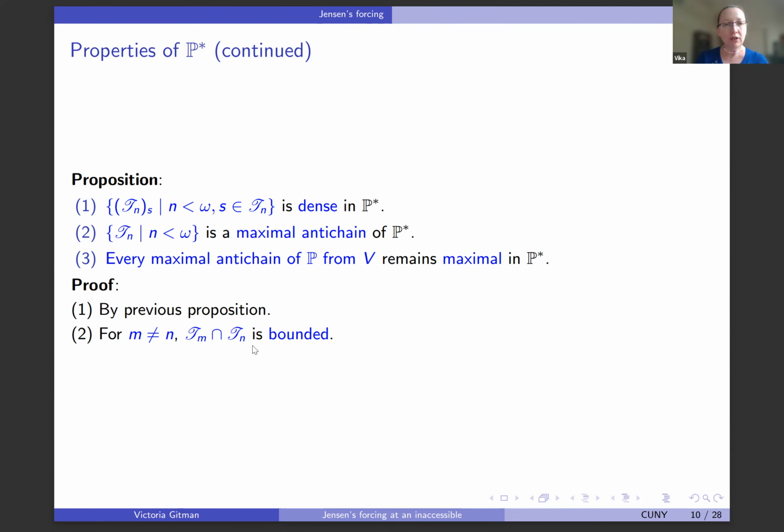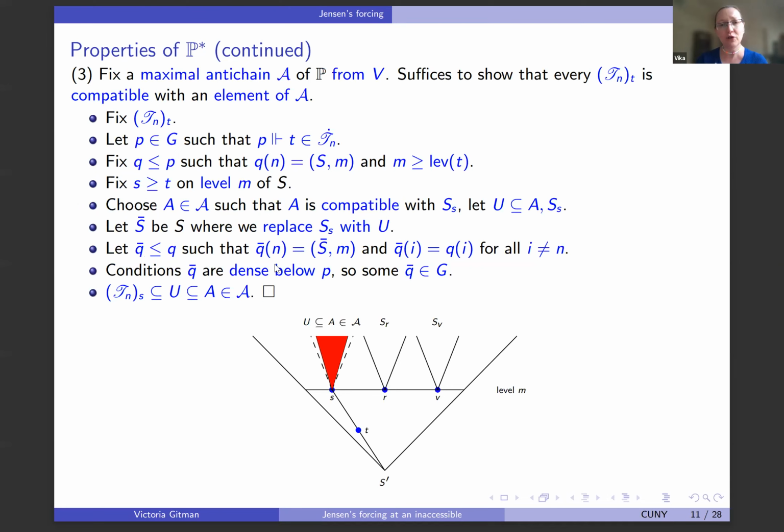Okay, so the last thing to prove is 3, and this is the only other proof that I am doing, and you can see the same picture on the slide because it's going to be pretty much the same argument, just as I promised.